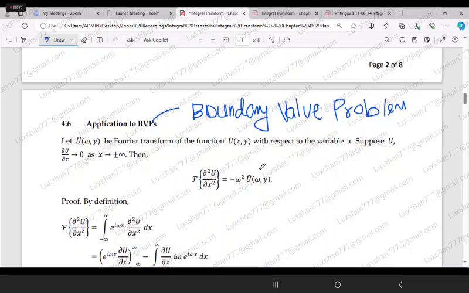Before we do some exercises and examples on application of BVPs, let's have some theory first.